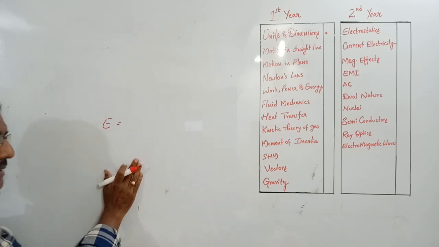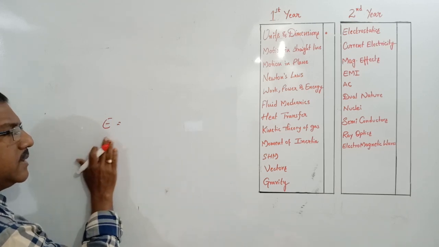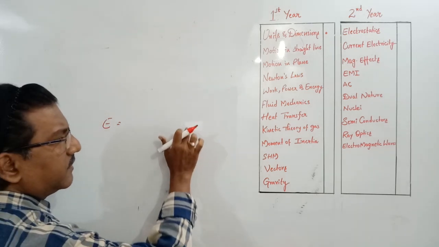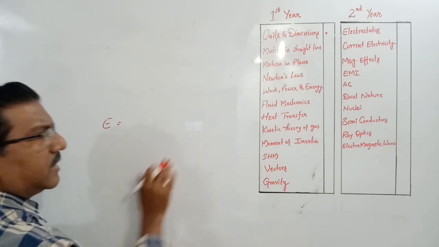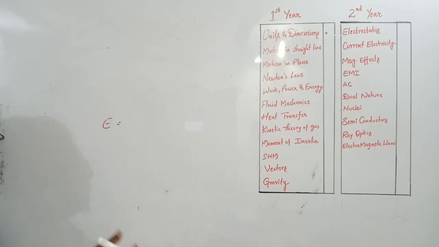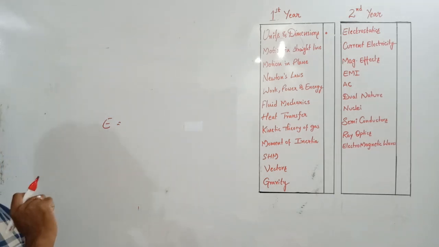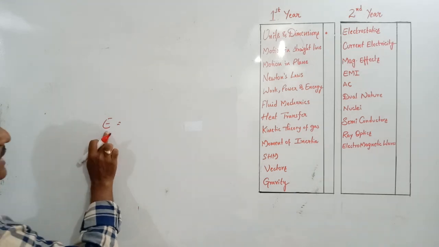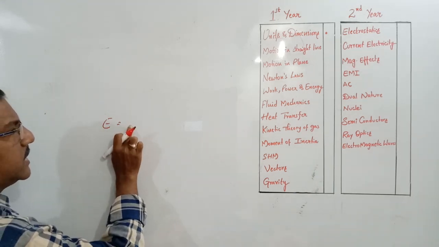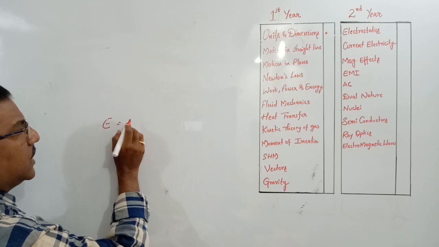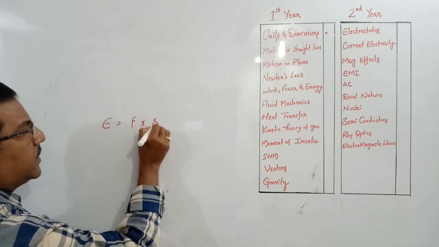There are two methods. You can take M L T power minus 2, F to the power of a, to the power of r, or else simply we can go another way. Choice is ours. See what happens here. E is equal to force into displacement.